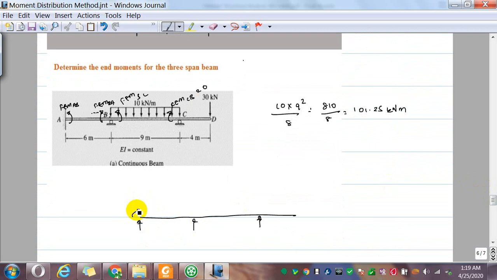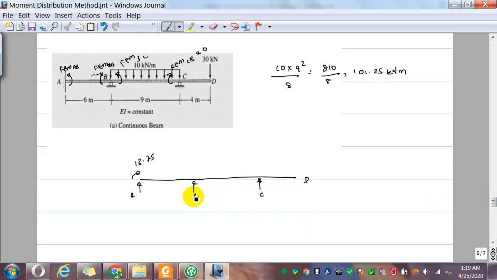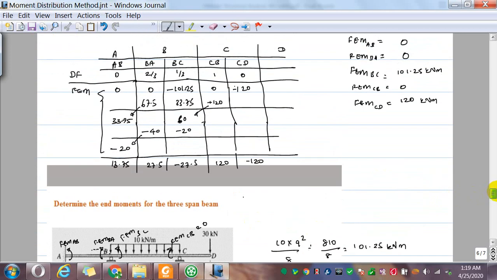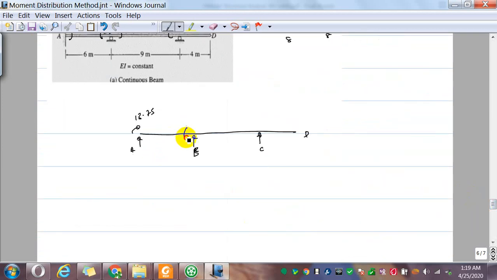Because positive. 13.75 at A, so there is A, B, C and D, and at B on the BA segment, it is 27.5 plus. Here it is negative, minus 27.5, so that is in the other, opposite direction. Here it is 120.